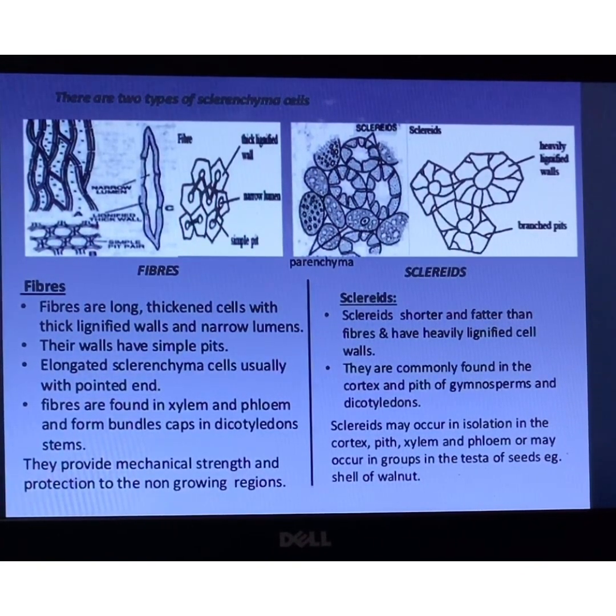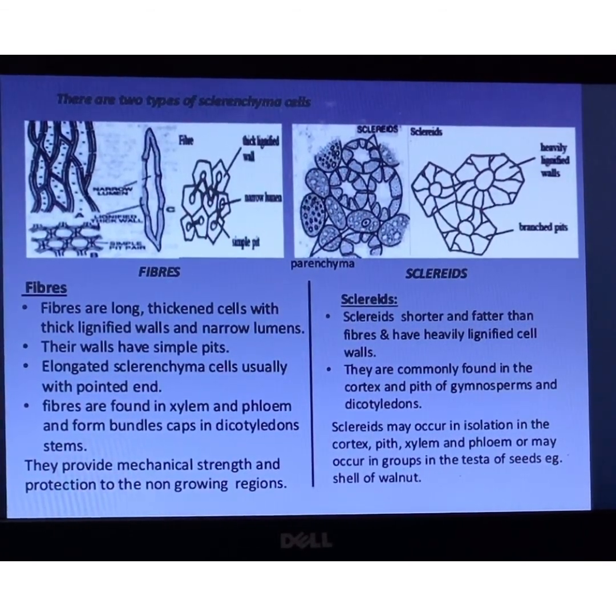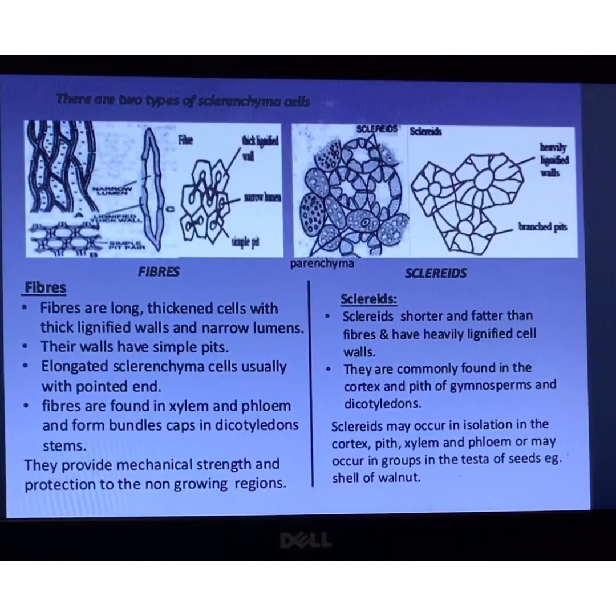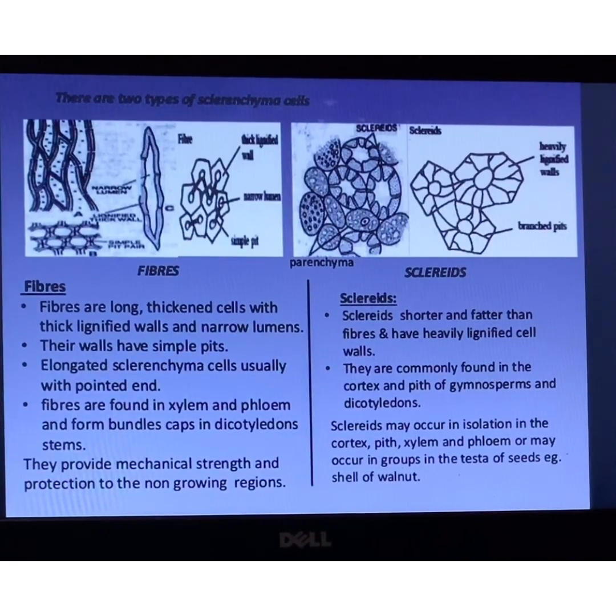Collenchyma are more for support of the leaves and the floral part, correct? Sclerenchyma is completely a tissue which is providing the mechanical support to the plant parts, entire plant, maybe in the form of stone cells or maybe in the form of fibers. Is that clear?